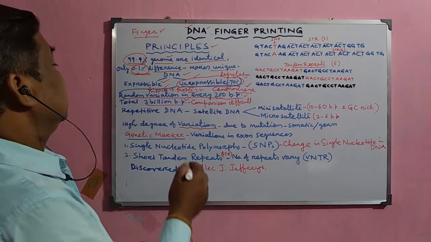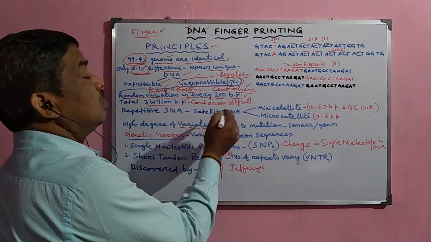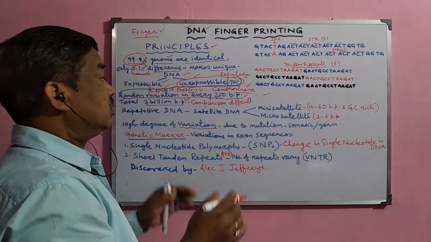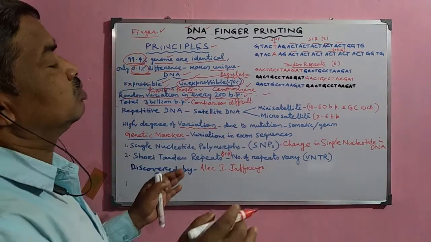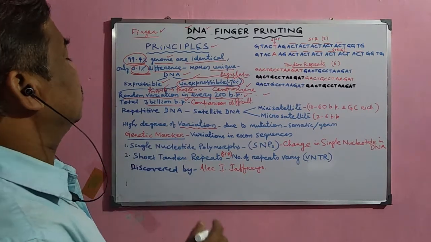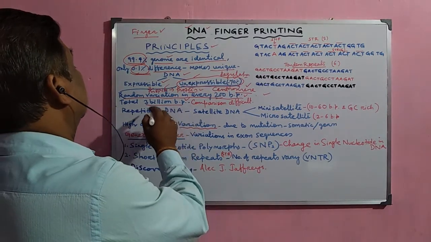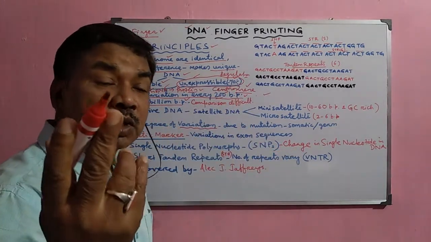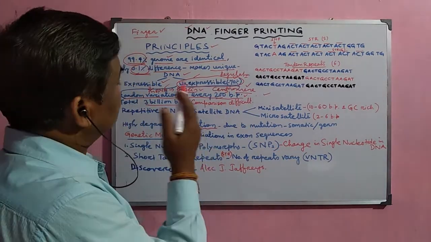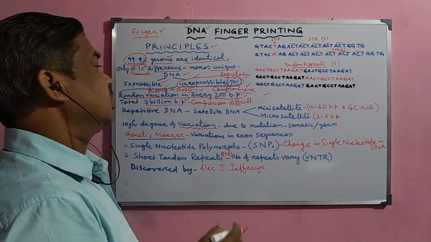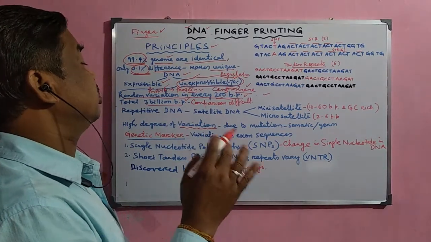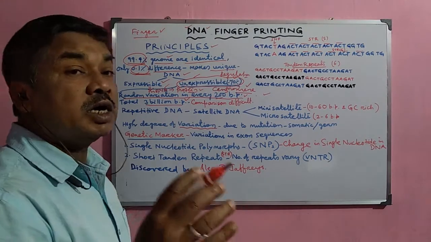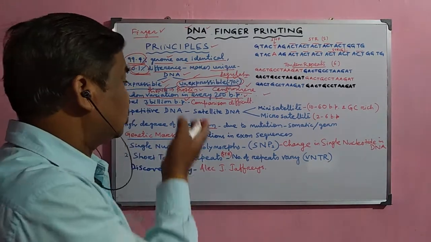But it is not possible to observe this variation in the whole entire genome of the individual. Suppose in individual 1 there are around 3 billion base pairs, and there is variation in every 200 base pairs. Of course the variation is there, and we can observe it, but it is not physically possible. So that is why some methods were developed to identify the uniqueness of the individual through this genetic material of the genome.